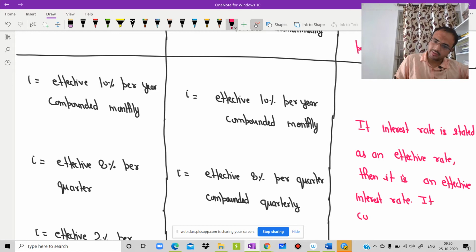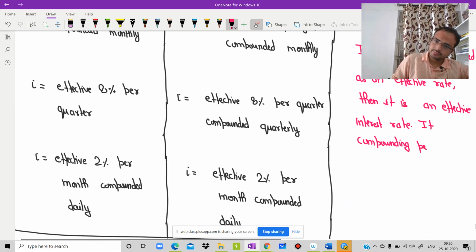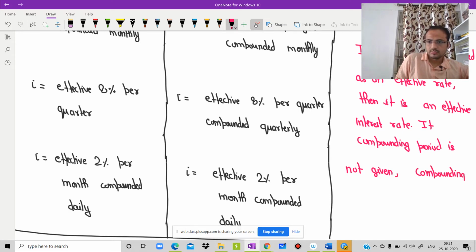And if compounding period is not given, then compounding period is assumed to coincide with the stated time period.